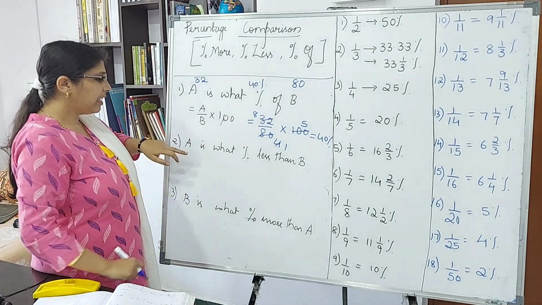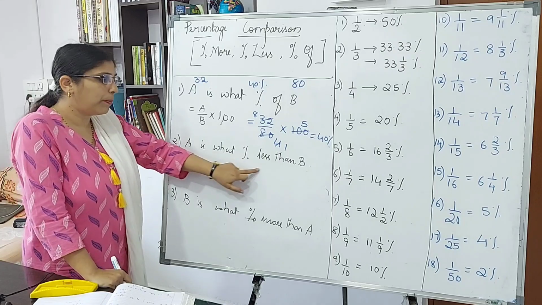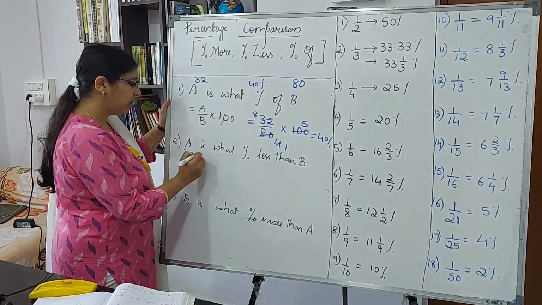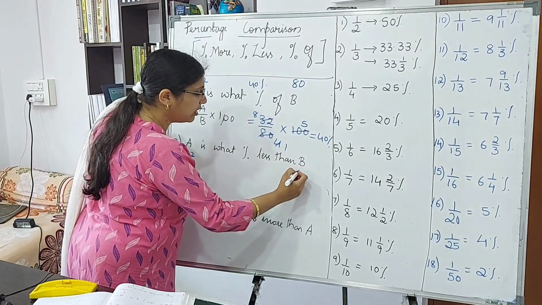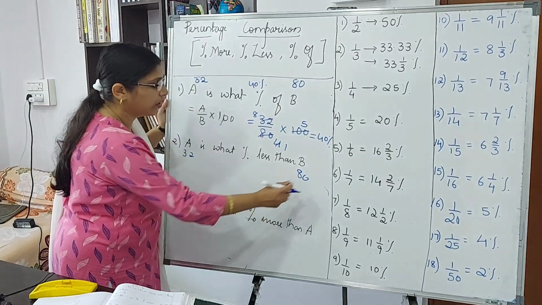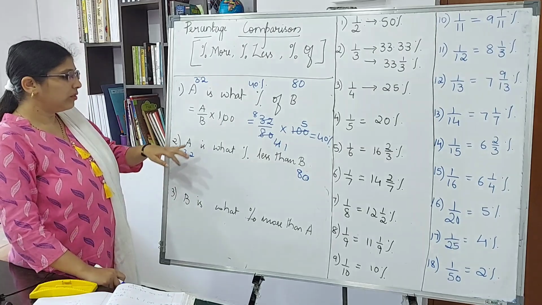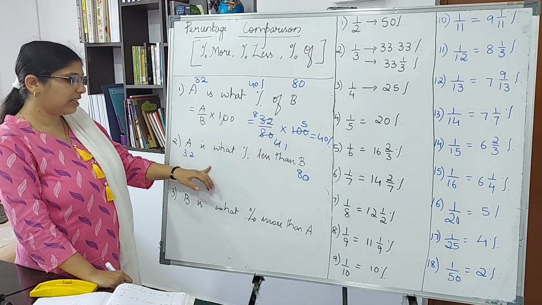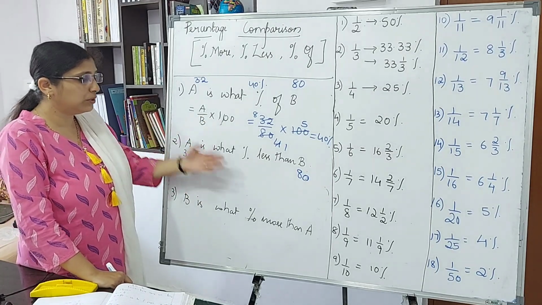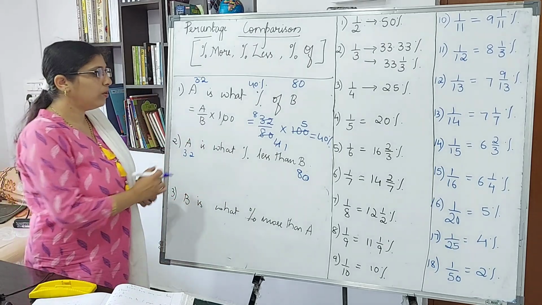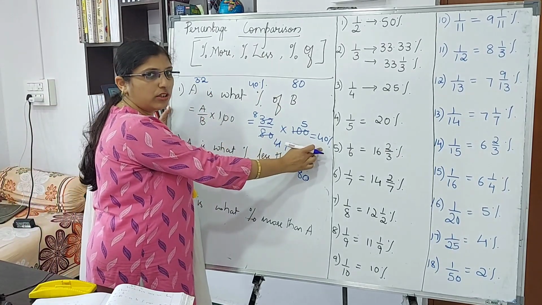Now, next question is A is what percent less than B? Now, the same example, if I take 32 is what percent less than 80? Now, if I see directly, I can say it will be 60% less. How? We know 32 is 40% of 80.